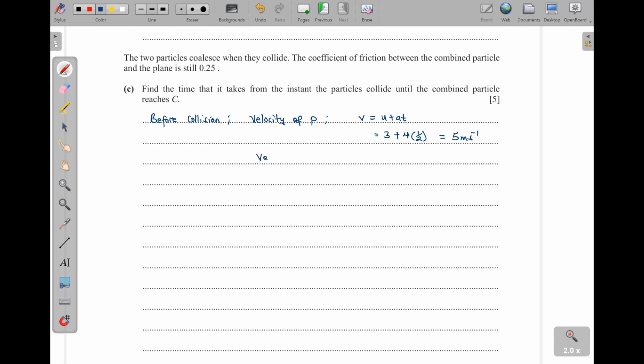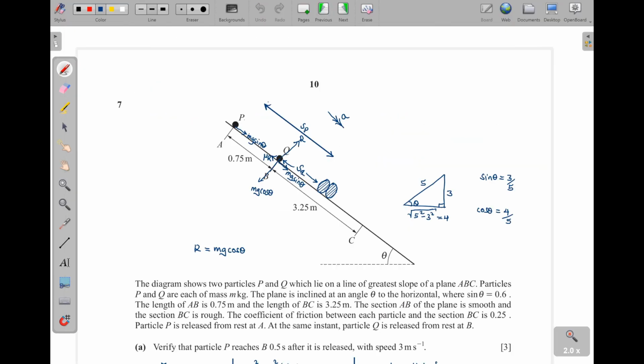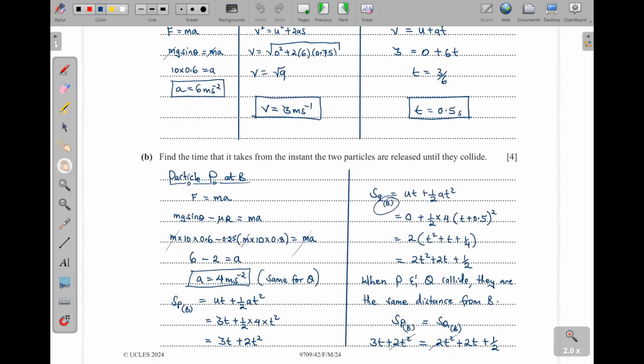How about the velocity of Q before collision? For Q, it started from 0, released from rest, and it has taken a time of 0.5 plus 0.5. You remember the other t? We have t plus the 0.5. The t we have gotten as 0.5, then plus the 0.5. You see that?